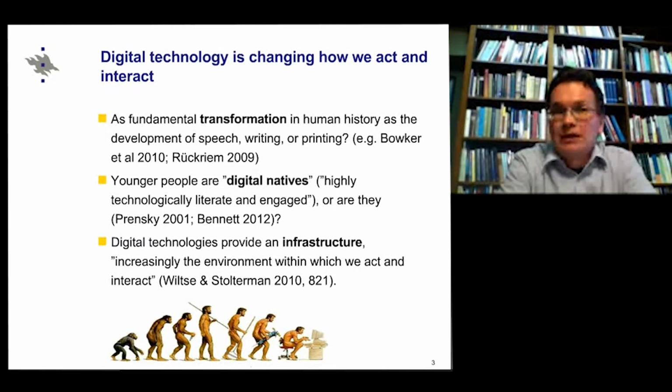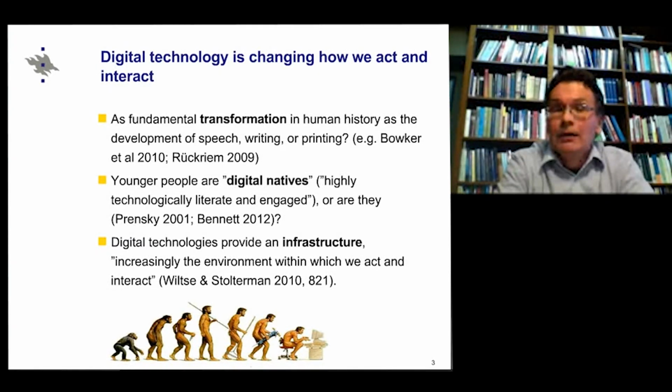And the discussion is whether it is a totally different world for them compared to us, like me, who is a digital immigrant. In my adulthood, I have started to learn how to use these technologies.